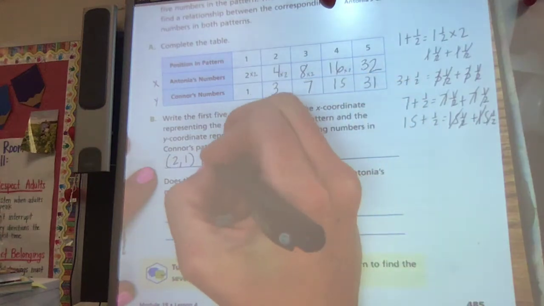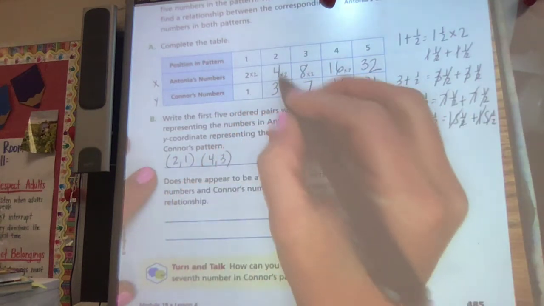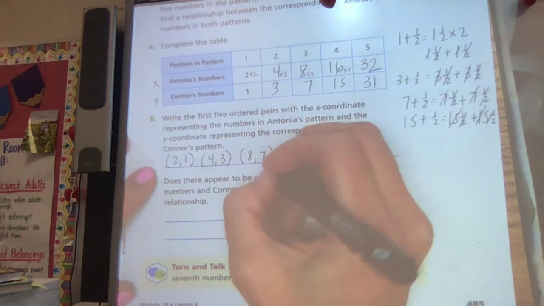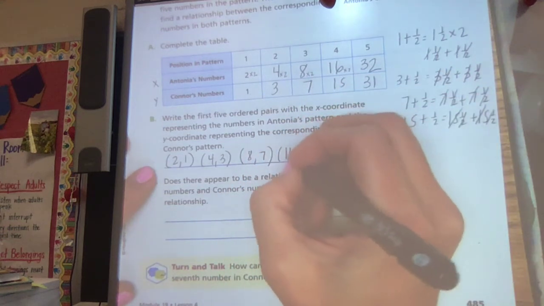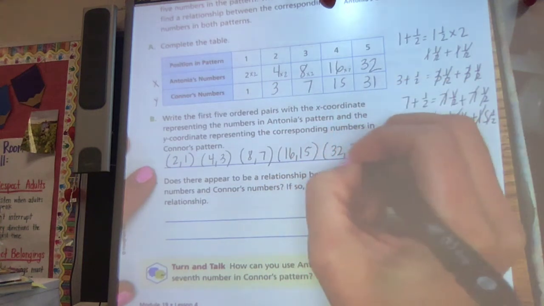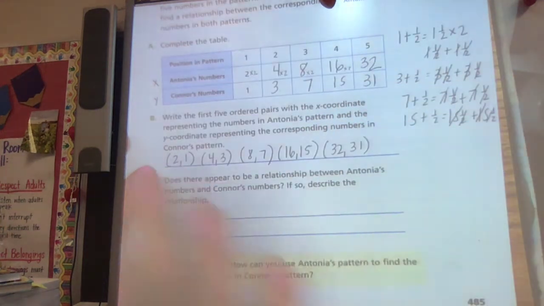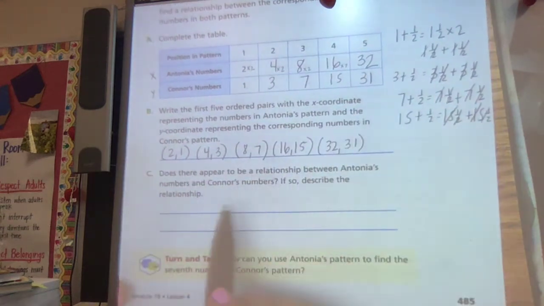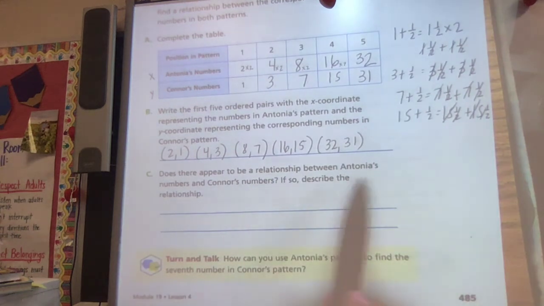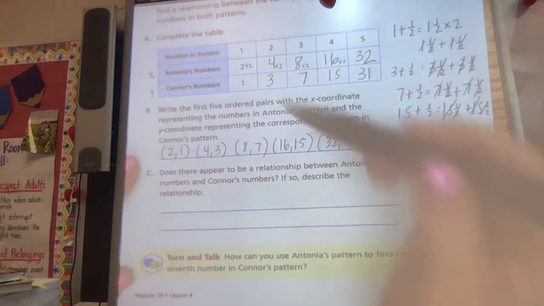Next, 4, 3, 8, 7, 16, 15, and 32, 31. That's all that means.